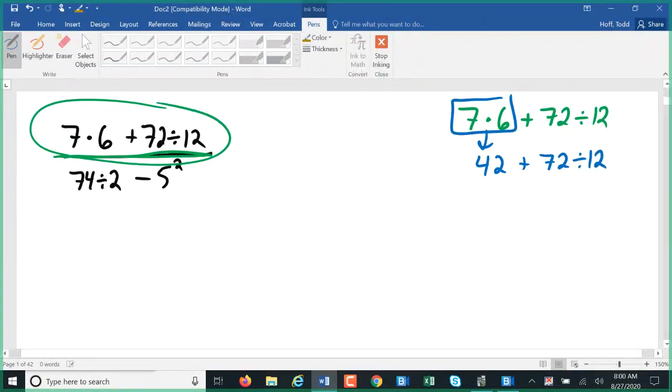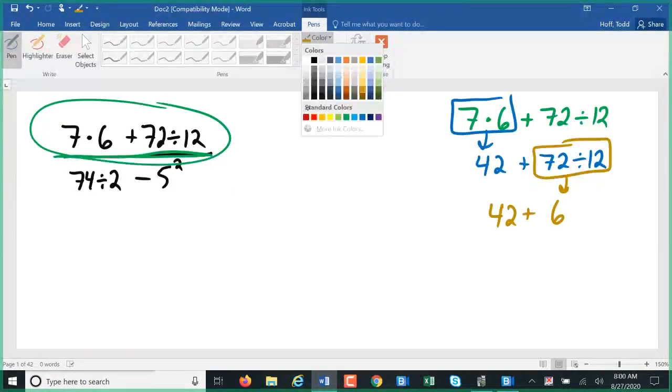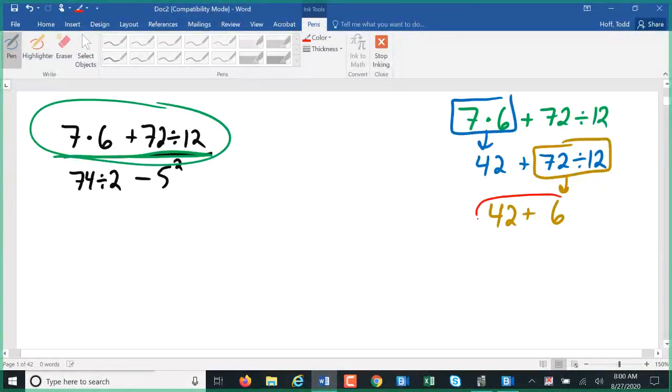Well, we still have more multiplication and division. We have the 72 divided by 12, which gives us 6. And then we have 42 plus 6, which is 48. So the top part of that fraction comes out to 48.